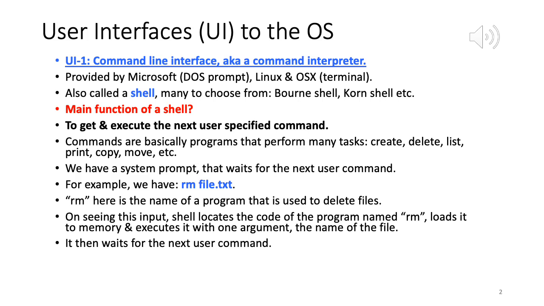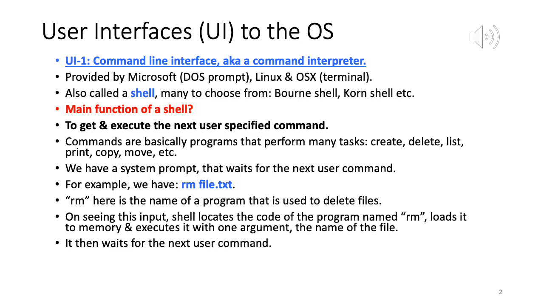You may want to print a file, you may want to copy a file from one location to another, right, from one directory to another. You may want to move a file, a very common operation, from one directory to another. So based on each of these tasks, we have commands. So a command is nothing but a program, nothing but a piece of code. So that program runs with some arguments. So in C programming, you would have looked at functions.